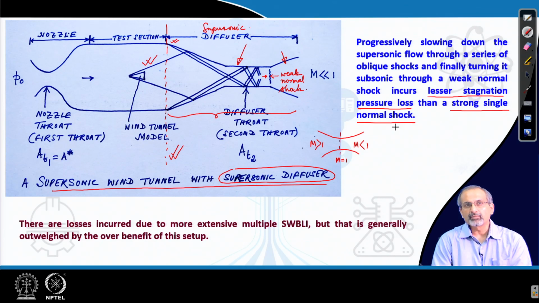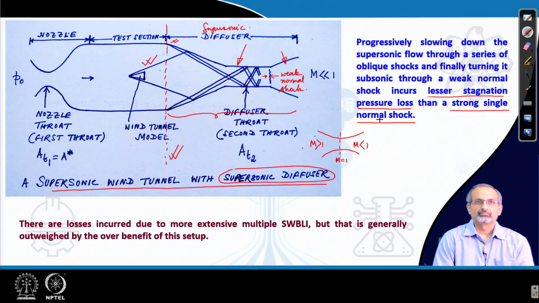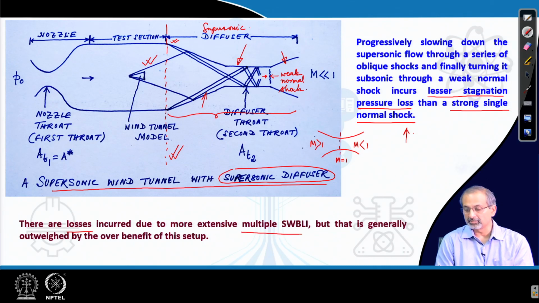Additionally, we have more problems with the normal shock situation, which we discussed already. Now, the question which still remains in this case is what happens when you have so many shocks forming here anyway. There are losses which are incurred due to more extensive multiple shock wave boundary layer interactions. So, that still is a question, but that is generally outweighed by the benefit that we achieve through this setup.